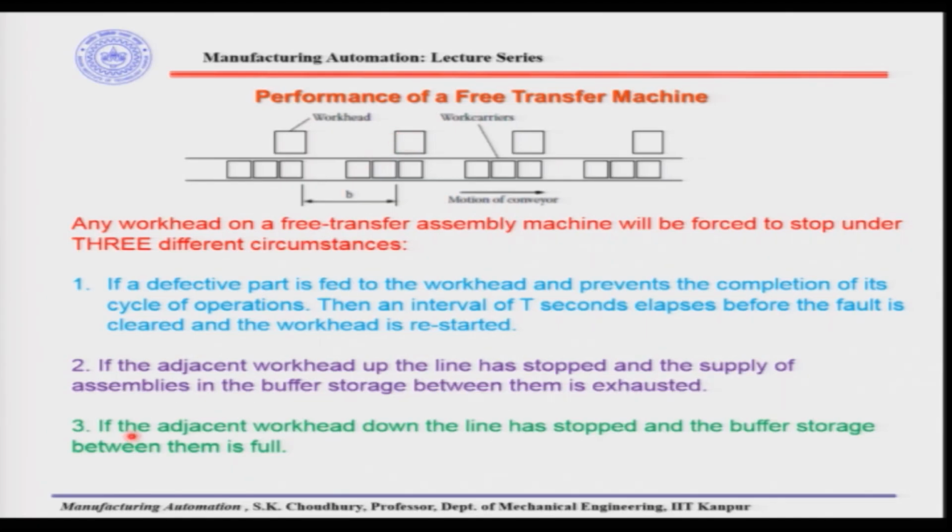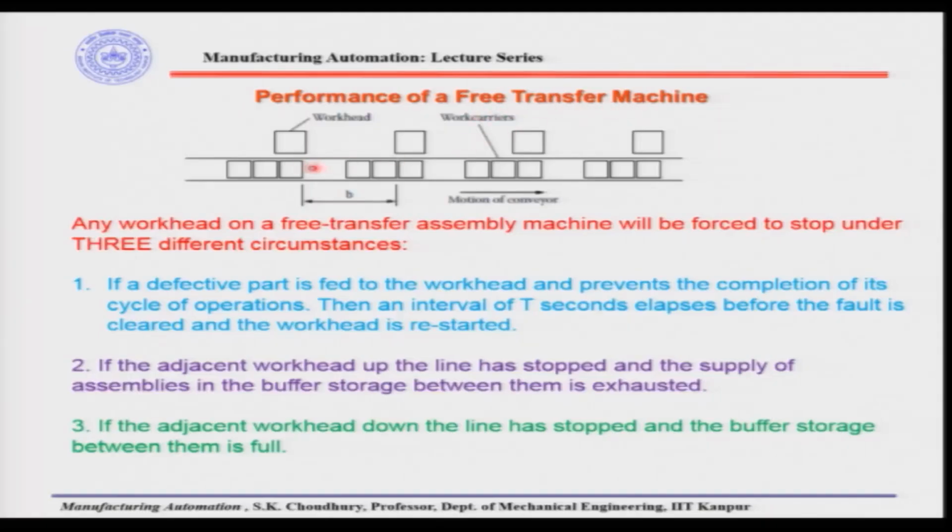The third reason is if the adjacent workhead down the line stops and the buffer stock is full. Then this machine, when working, cannot put the sub assemblies it has completed into the buffer because it is full. So, it has to stop. These are the 3 different reasons why any of the transfer machines in the line can stop.